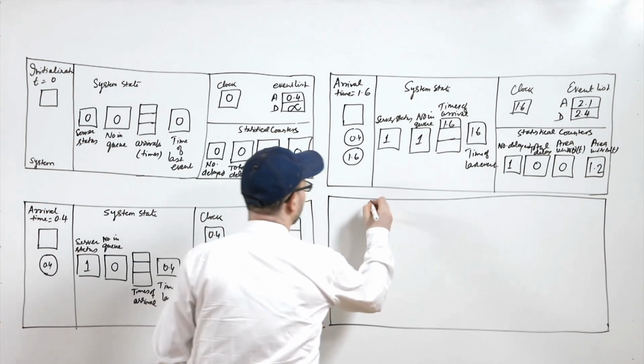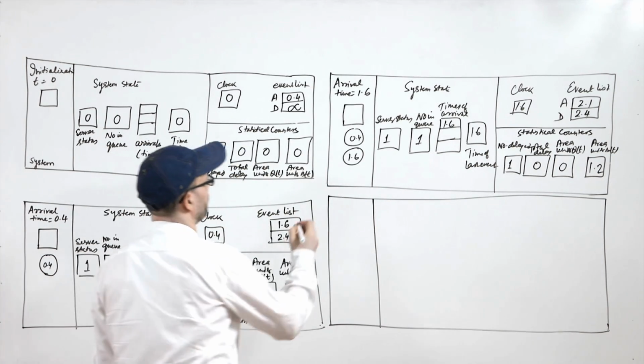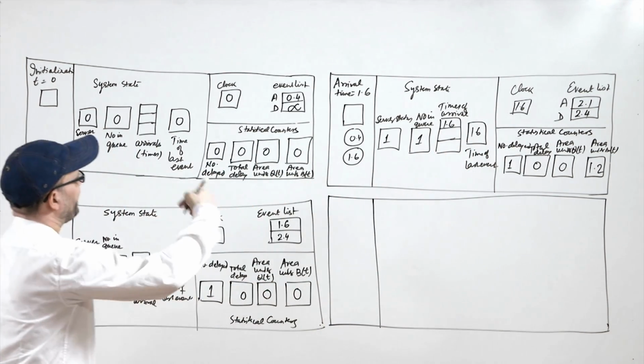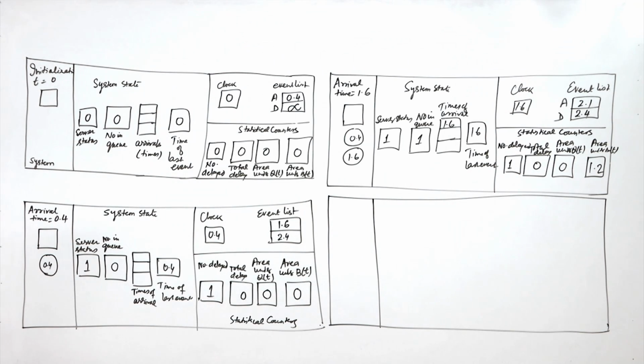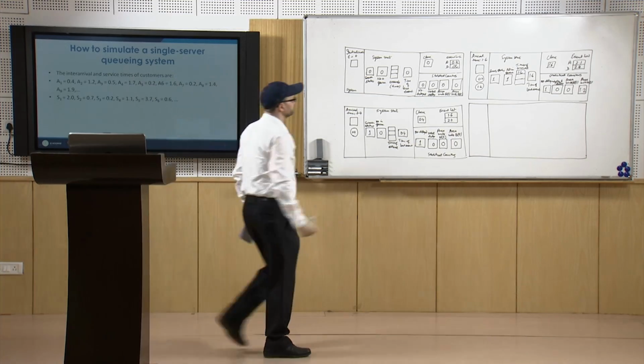The next event will again be an arrival. As you see, among the event list you have a further arrival. So, there will be a further arrival at time 2.1.